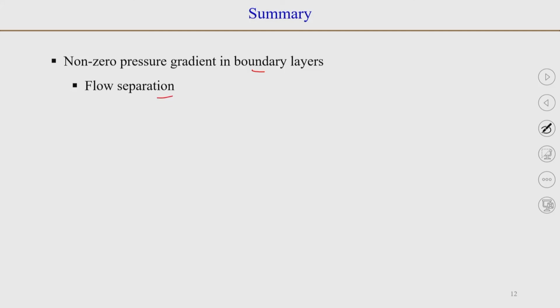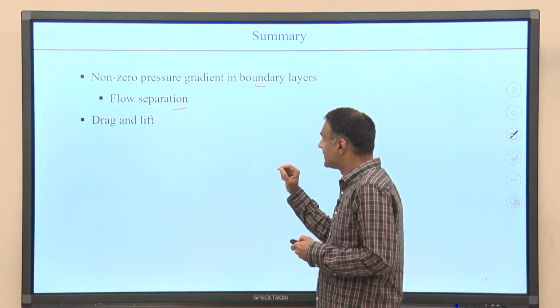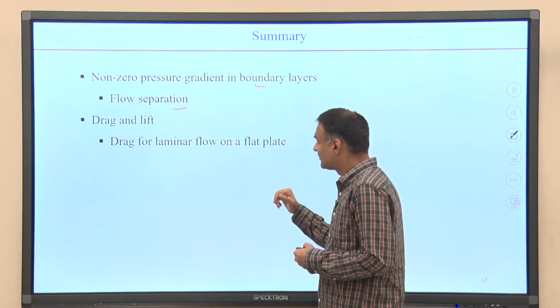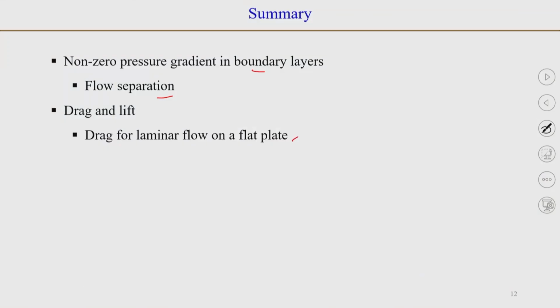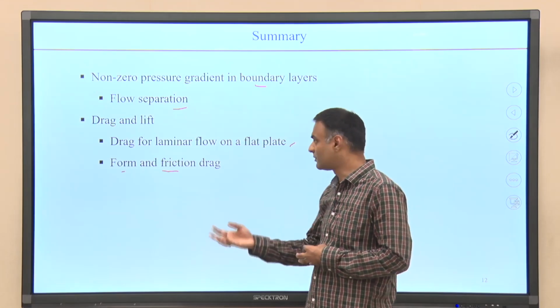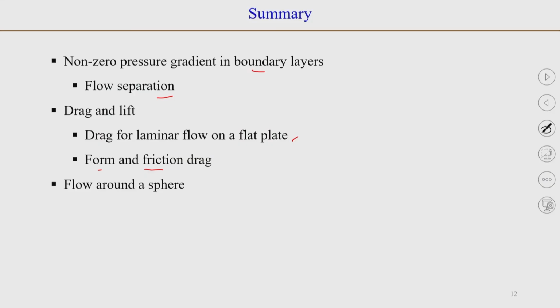We also tried to understand it by writing down the boundary layer equation near the wall, and then we defined drag and lift forces and derived the drag coefficient for laminar flow on a flat plate. We should also remember what is form drag and friction drag, or form drag and skin drag, caused by pressure and viscous forces. And then we briefly looked at flow around a sphere qualitatively, and then drag on a sphere, and then terminal velocity from it.